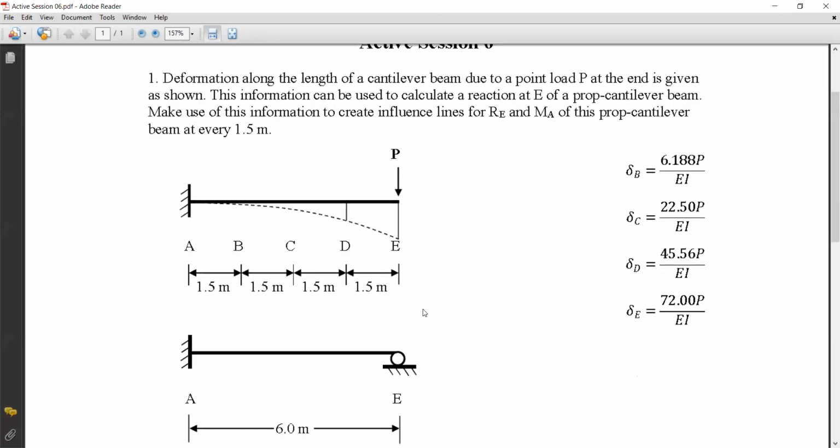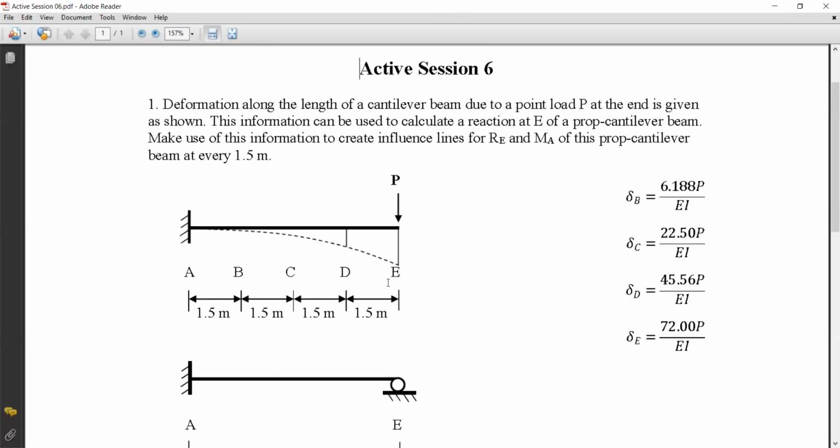All right. So generally, here in the first example, you see that the deformation is given just like that. So you need to know how to turn this given information into the reaction. Here you know the situation that your load P is given like this, right?